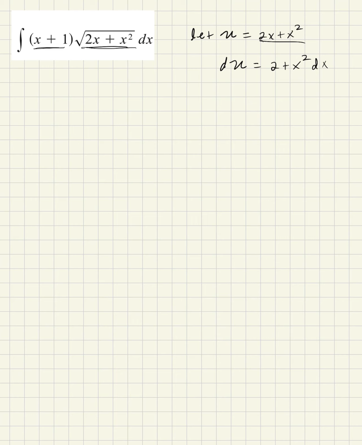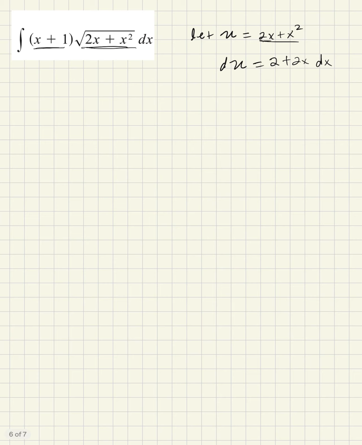So then, what can we do in this case? X squared, oh no, I see, this is going to be 2x. Let me backtrack a little bit. I didn't take the derivative correctly, because the derivative of 2x is just 2, okay, plus 2x dx.